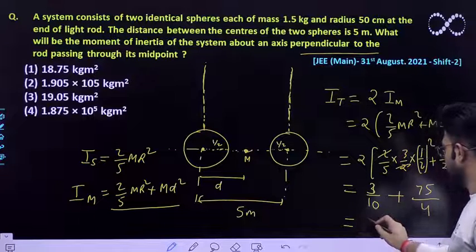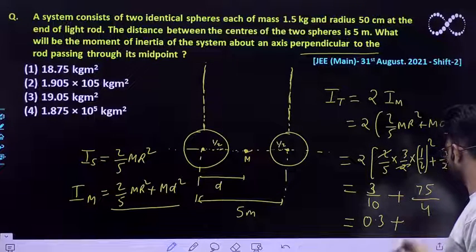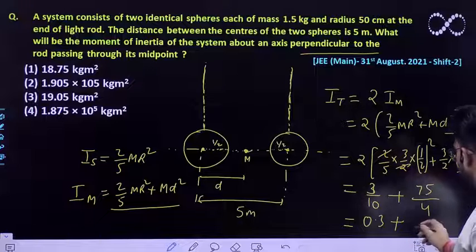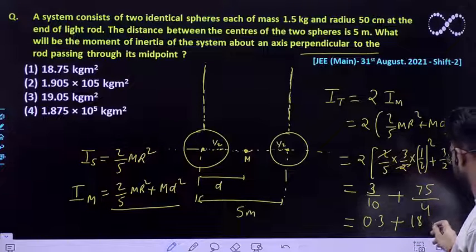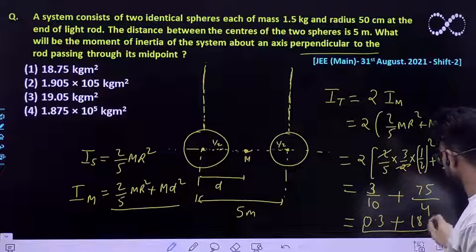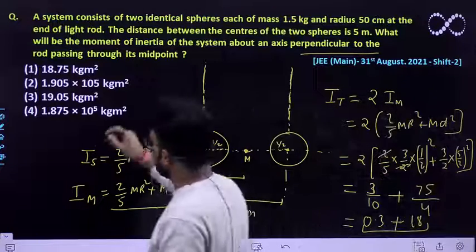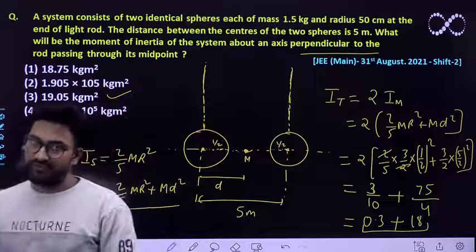So eventually you'll be getting 0.3 plus something close to 18.75. Finally if you solve it, you'll get this answer as 19.05.